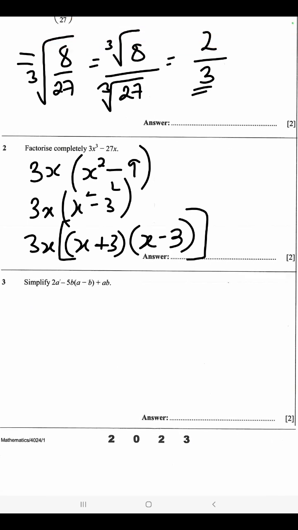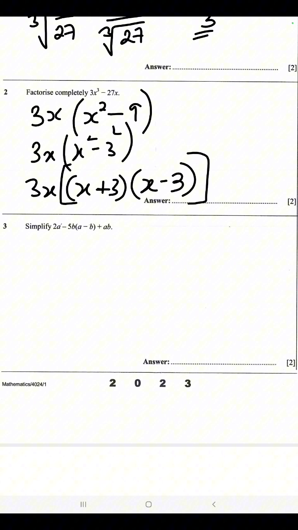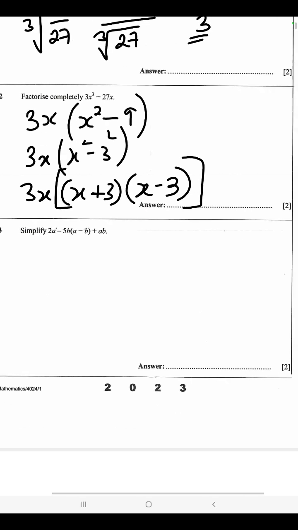Okay, then we move on to question 3, which says simplify 2a minus 5b, open brackets, a minus b, plus ab. The first thing is you're going to expand to remove the brackets from the middle term here in between.